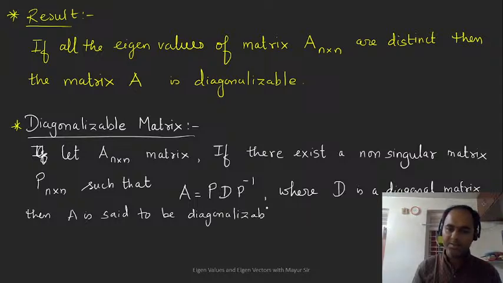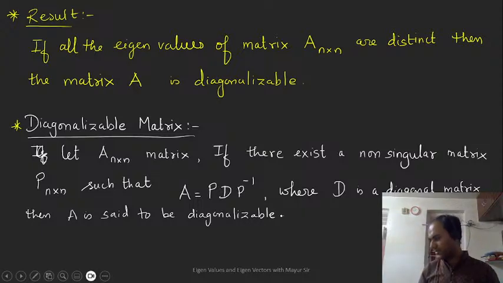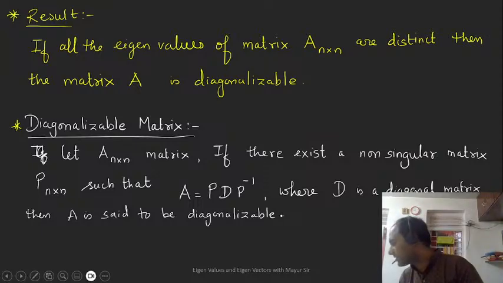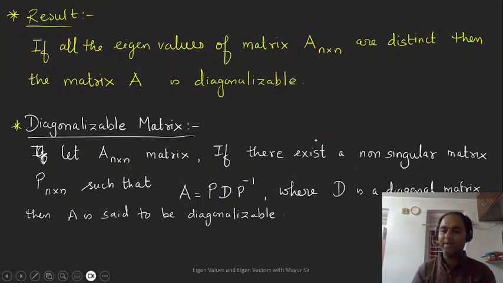Diagonalizable, this is the language that is used. So D is a diagonal matrix, and that is what they say.